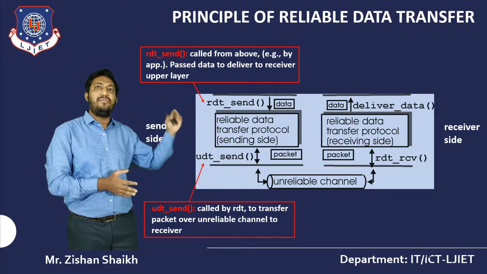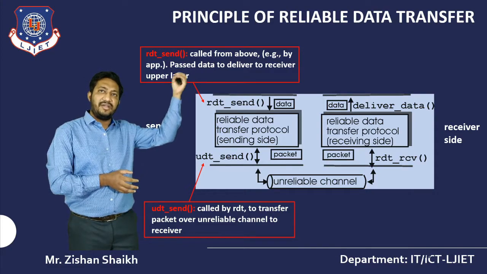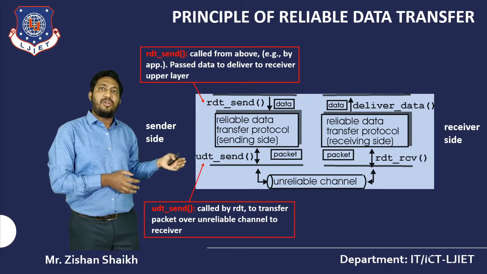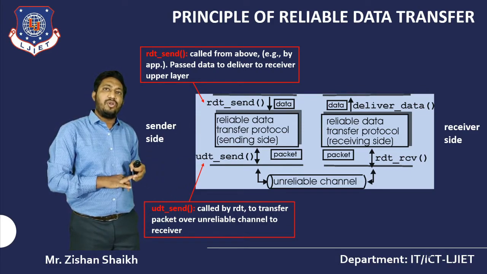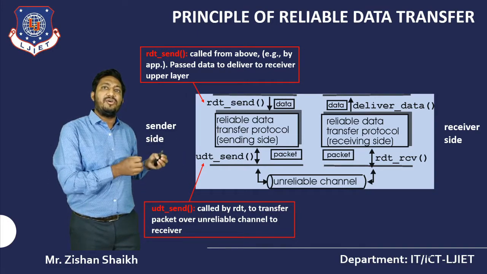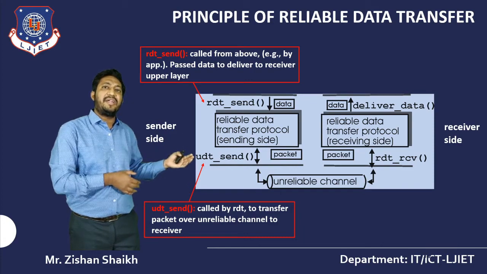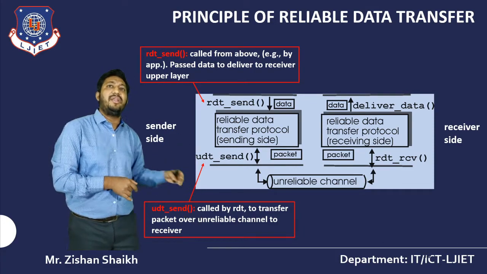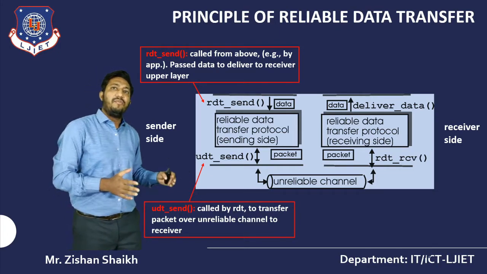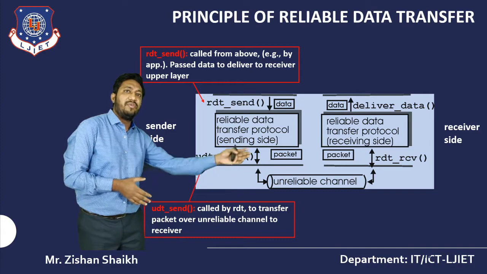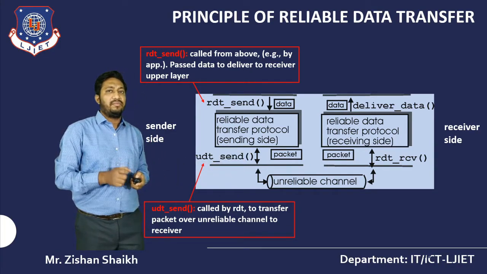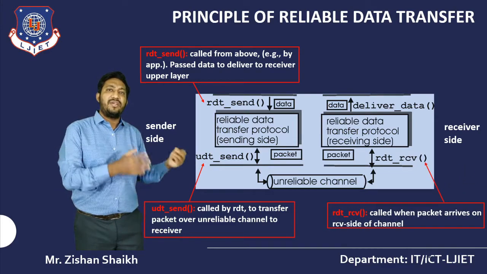So at the sender side, the rdt_send method takes the data as input. The next process is taken by our transport layer. Which method and which protocol will be used is decided by the transport layer. After that process, our data is transferred to the unreliable channel using the udt_send method. Now, when the data has been processed by the channel, the reverse process takes place at the receiver side.